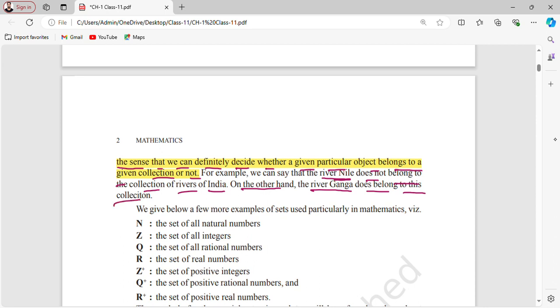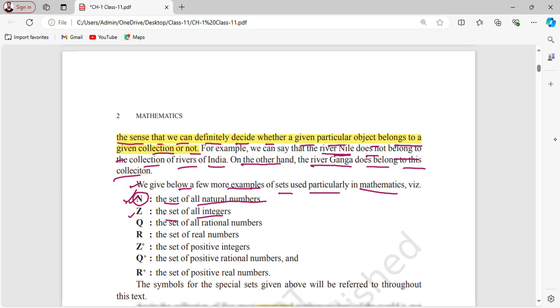Below are a few more examples of sets used particularly in mathematics. Bold capital N always represents the set of natural numbers, and bold Z always represents the set of all integers.